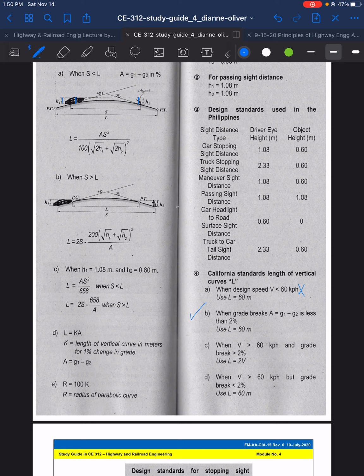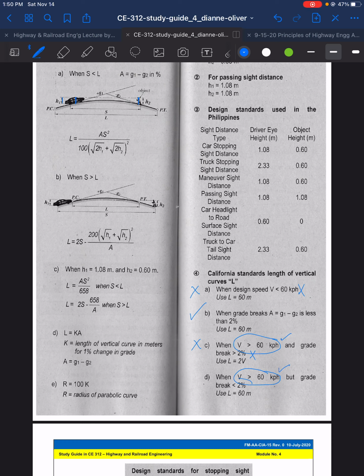Then velocity, so this one is here applicable, but the grade break is greater than 2%. No, this is not. So we will not be using A, we will not be using C. Then D, when V is greater than 60 kph, correct?